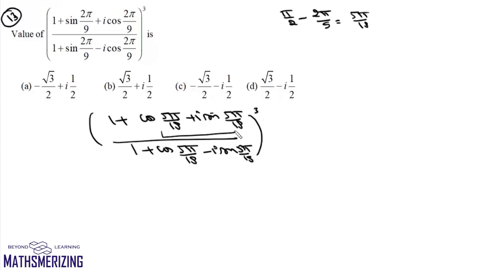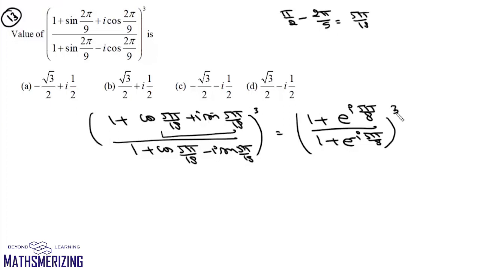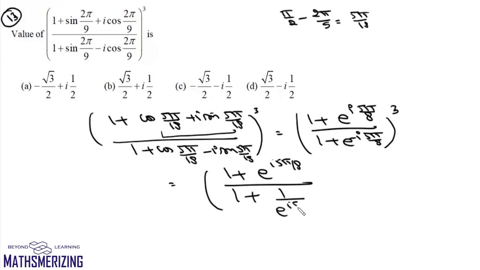Now we know that cos theta plus iota sine theta is e to the power iota theta. So we can write this as 1 plus e to the power iota 5 pi by 18, and here it will be e to the power minus iota 5 pi by 18 whole cube. Now e to the power minus x is 1 upon e to the power x. So we can write this as 1 plus e to the power iota 5 pi by 18, and here it will be 1 upon e to the power iota 5 pi by 18 whole cube.